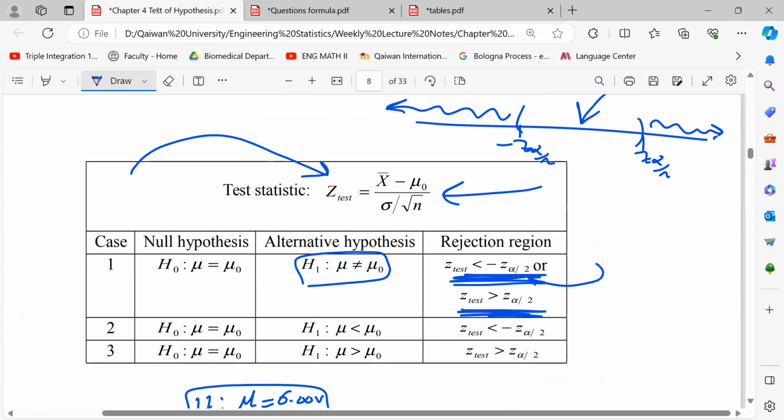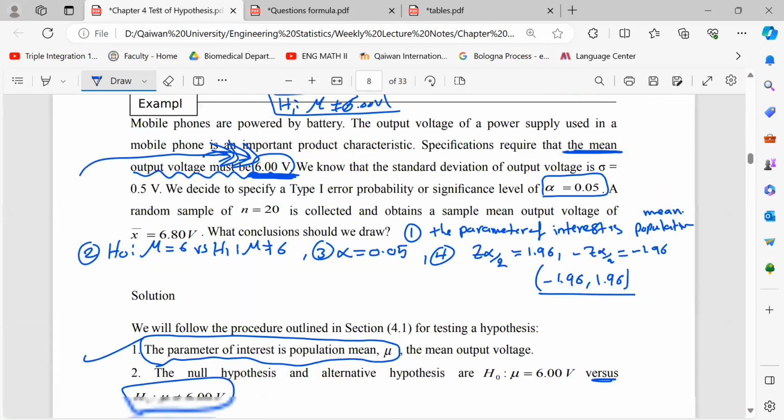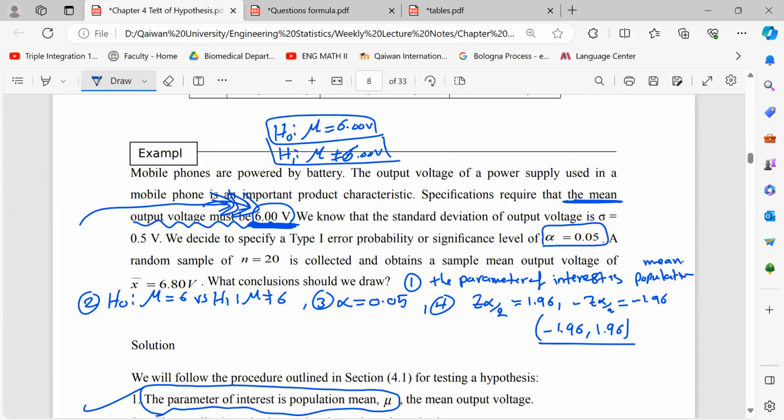In another example, it may be changed. In these two cases, we reject H0. So mu must not be 6. Returning to the example, it says mu naught is 6, so mu must not be 6 if you reject that hypothesis.